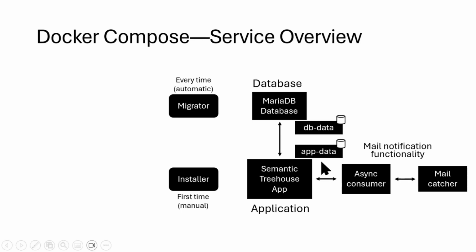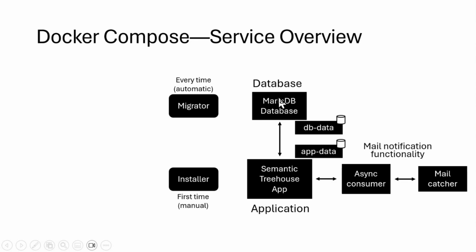As I said, there are 6 services. The part on the right is more about mail notification functionality that you might not use if you are running it locally. The app uses a database for some of its internal storage, like the specifications and the content in text.